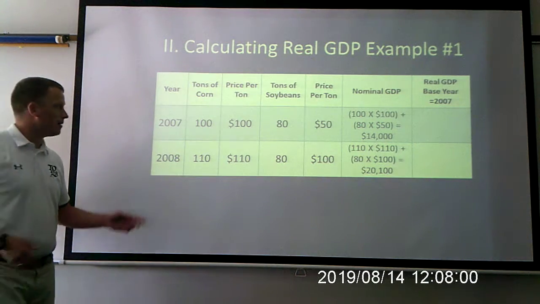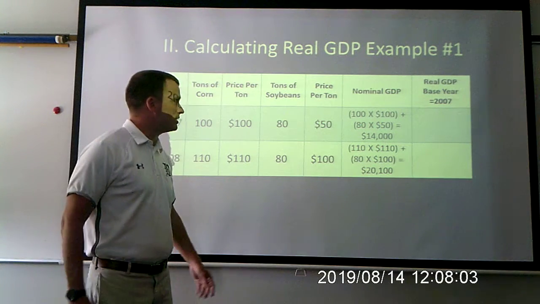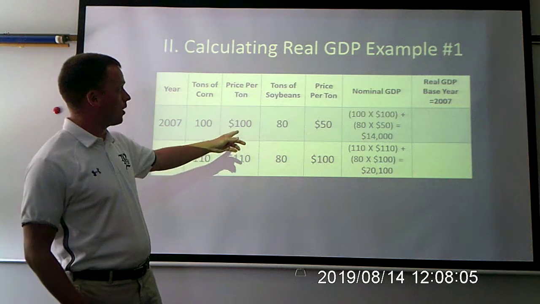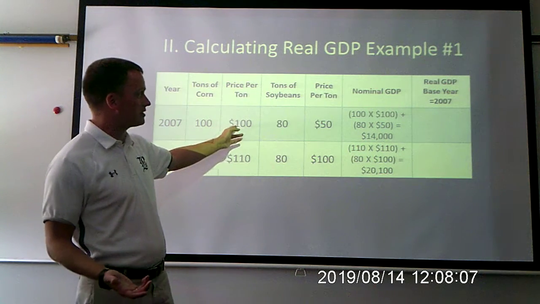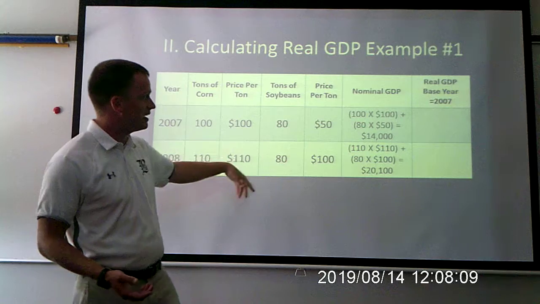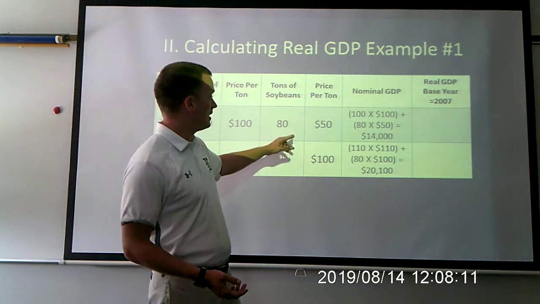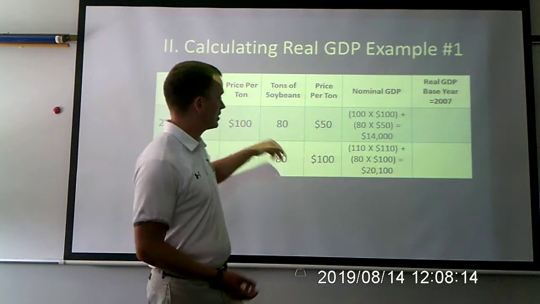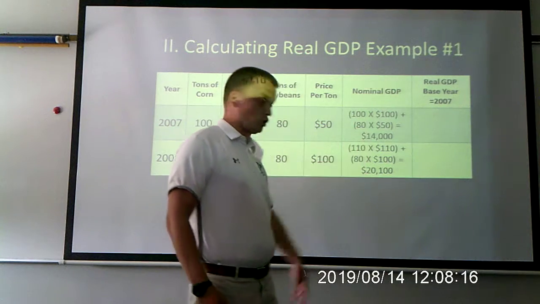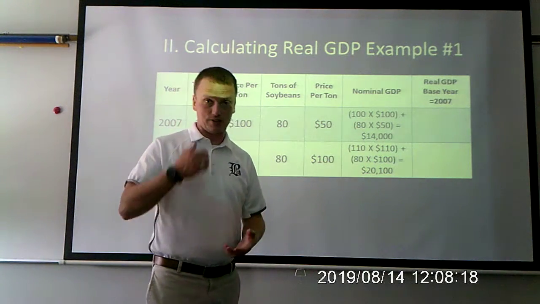So in 2007, what we see is 100 times 100, so price times quantity, and then quantity times price. Add those together, you should have 14,000.